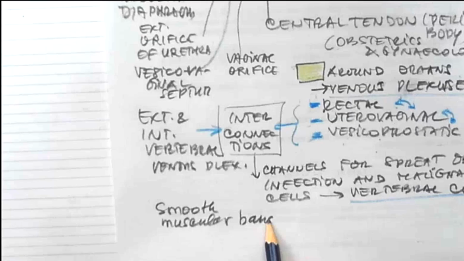So even these 3 smooth muscles are situated on the inferior side of the bladder. So this was point number 1, the urinary bladder. But there is also the second one, number 2, which is the urethra.